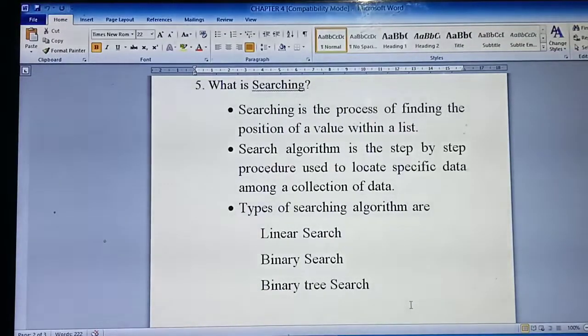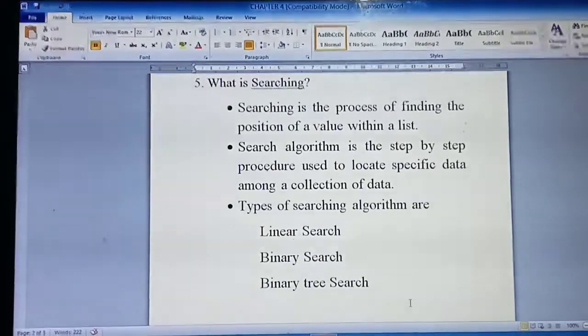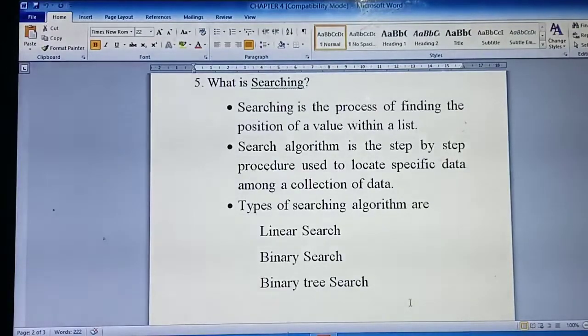So types of searching algorithm are linear search, binary search and binary tree search. Okay. Write fast, students.